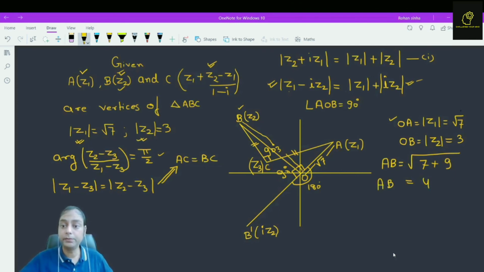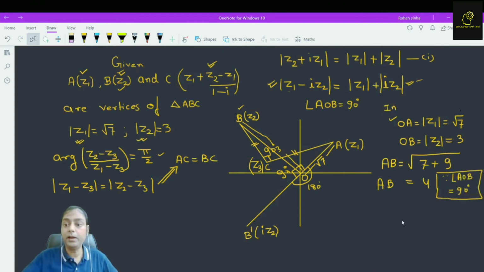Now in triangle AOB, triangle AOB is 90 degrees. So by using Pythagoras theorem, in triangle AOB, OA is root 7, OB is 3, and AB is 4.